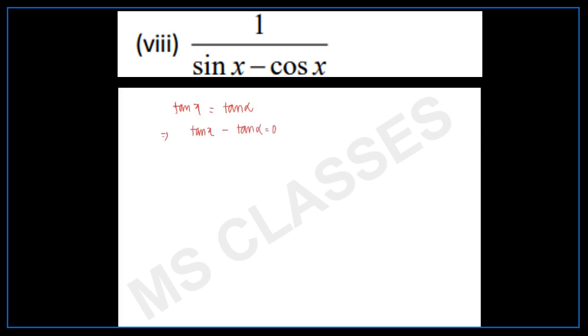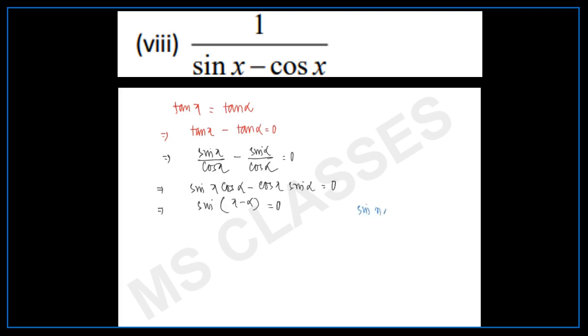Now which means sin x by cos x minus sin alpha by cos alpha equal to 0. This gives sin x cos alpha minus cos x sin alpha equal to 0.